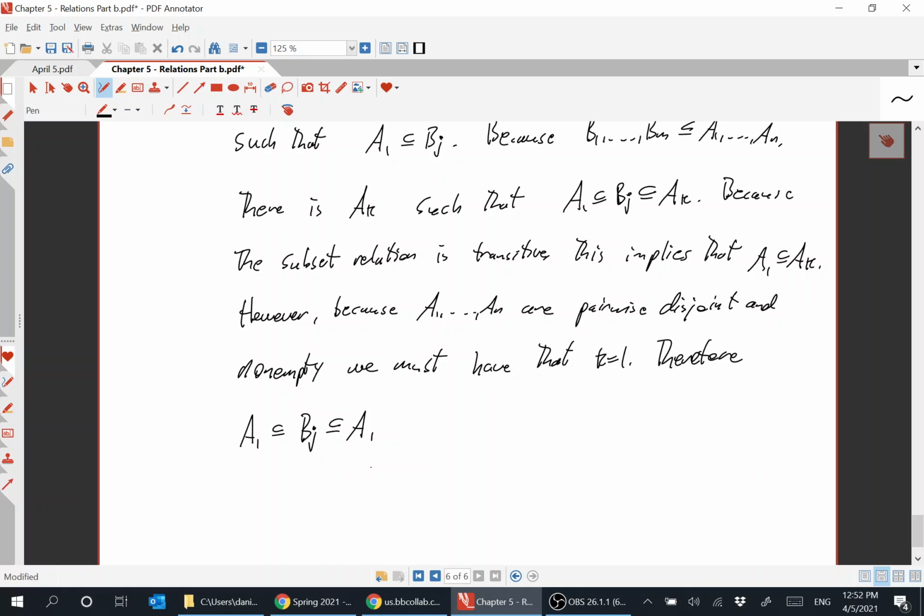Even more, it's a subset of all A. So B_j is equal to A_1, because B_j is a subset of A_1 and A_1 is a subset of B_j. Every element of A_1 is an element of B_j, and every element of B_j is an element of A_1. That means they're the same.